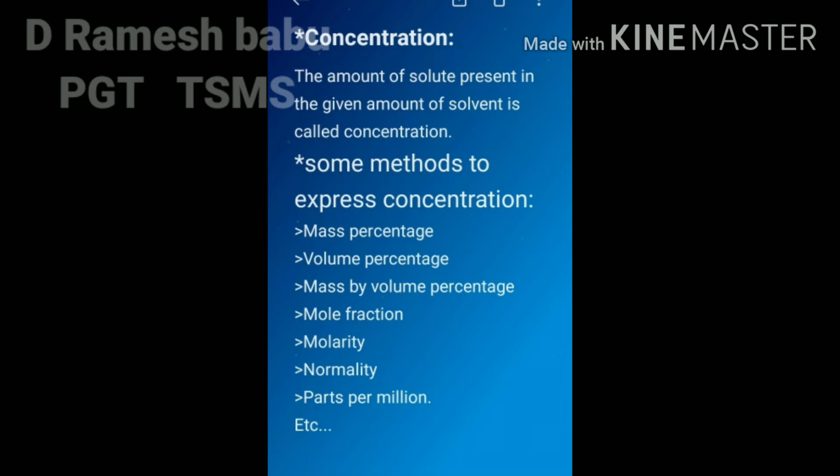Out of these you might have come across a few in your first year. Just as we express length in meters and weight in kilograms, the concentration can be expressed in these many ways. So let us see the methods one by one.